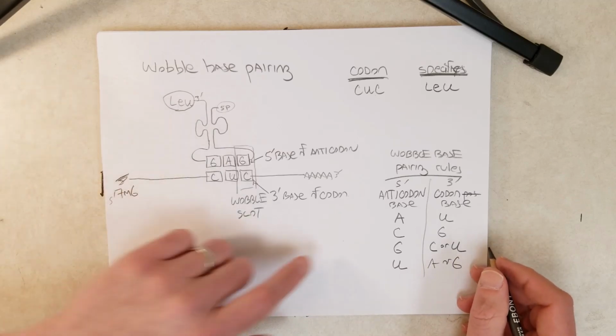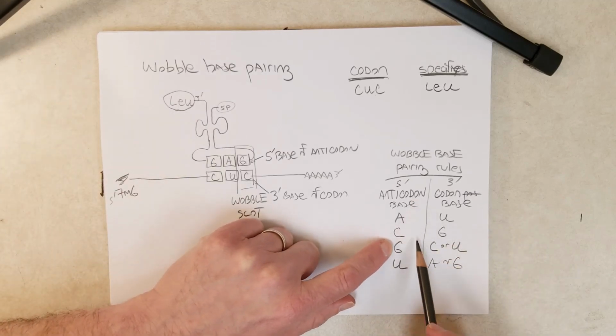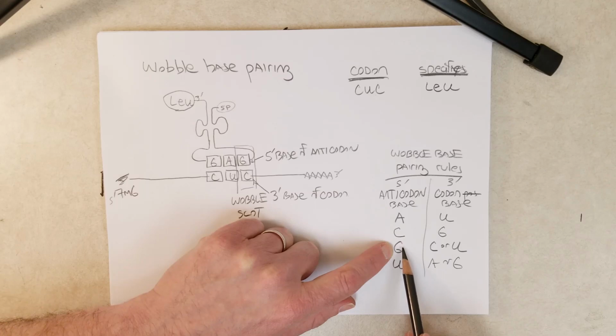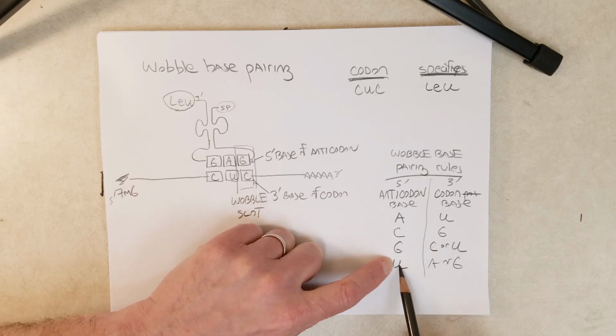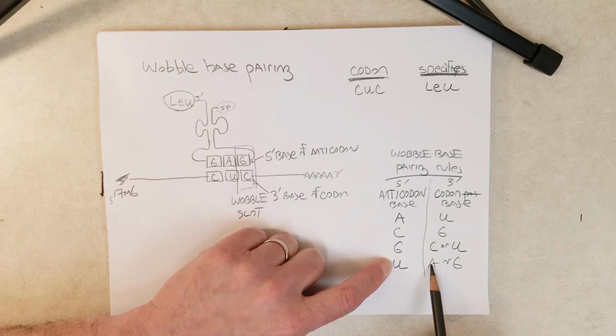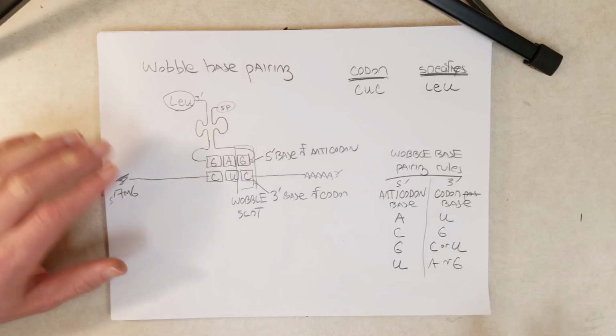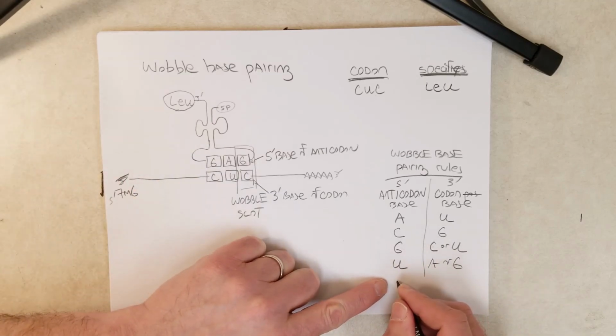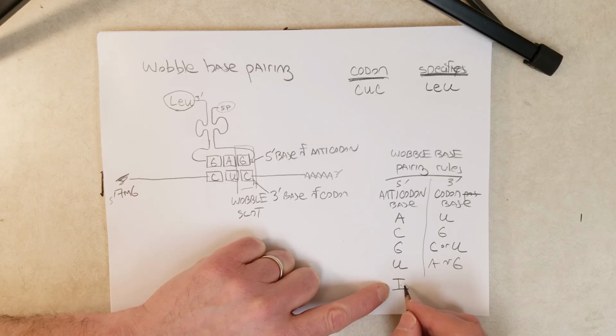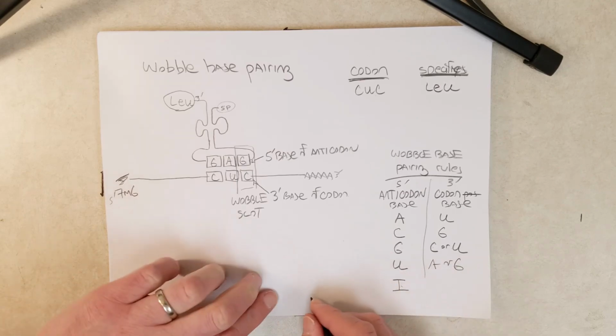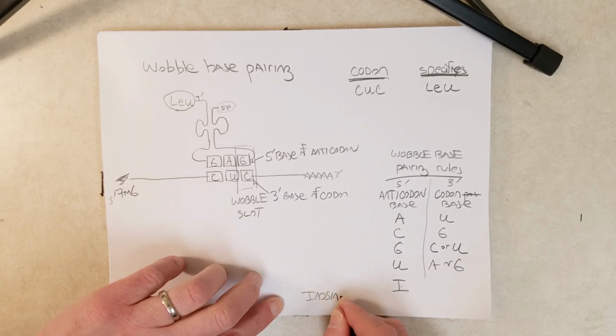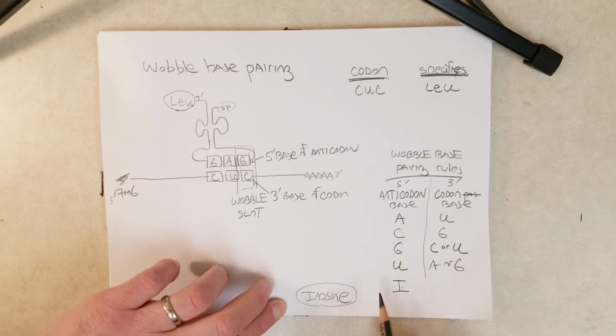So what's going on here? Essentially, G can recognize C, we already knew that, but now it can also recognize U. If we put U here, we already knew U could recognize A, so it can also base pair with G over here. And then we have one more, inosine.